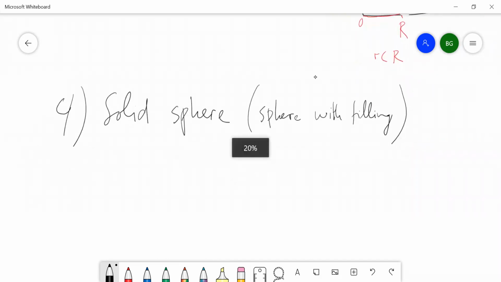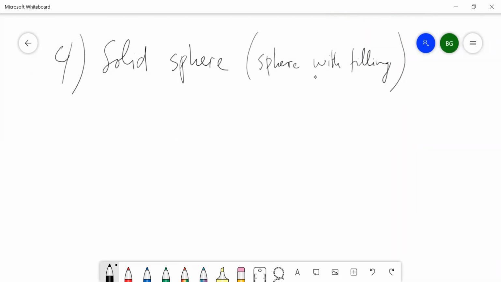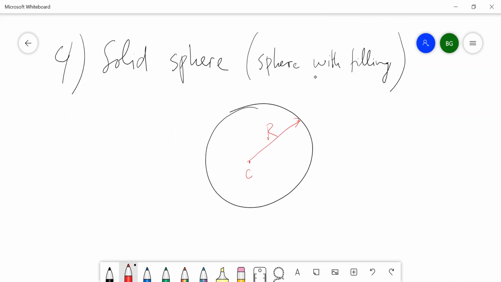Solid sphere. Okay, I draw the sphere again. The radius is capital R, and this is the center. Let's say this is Q here.